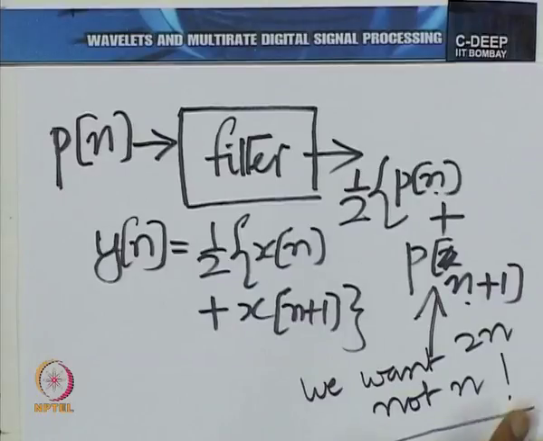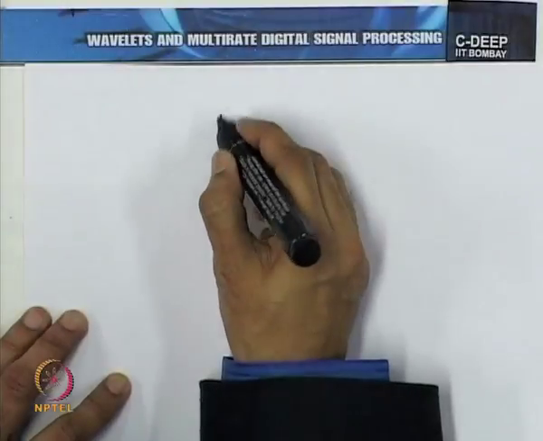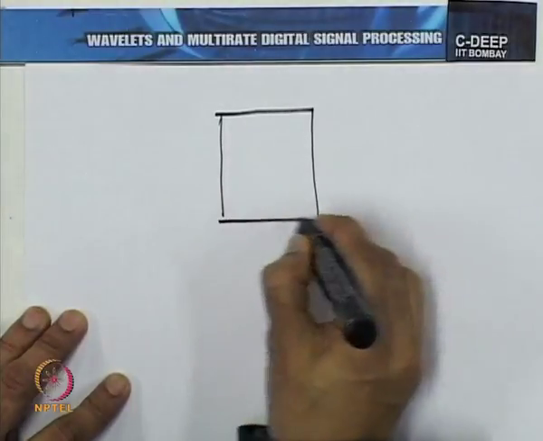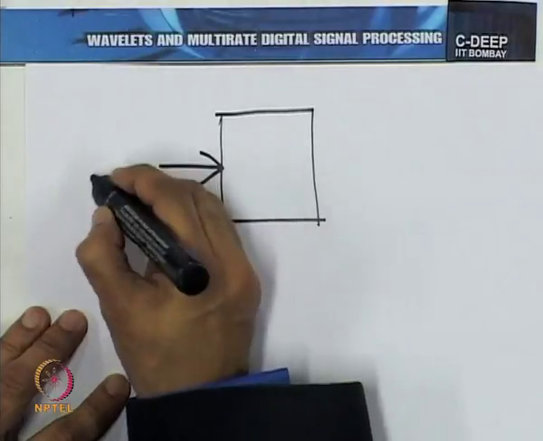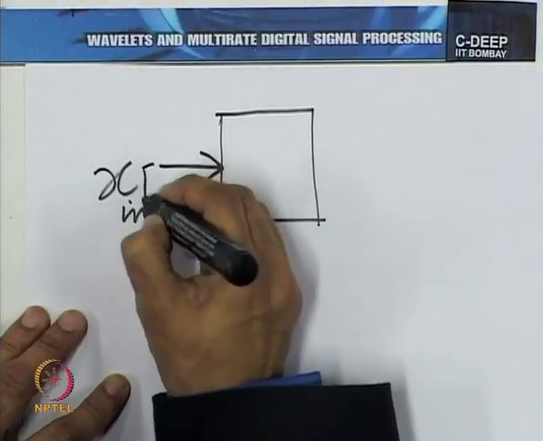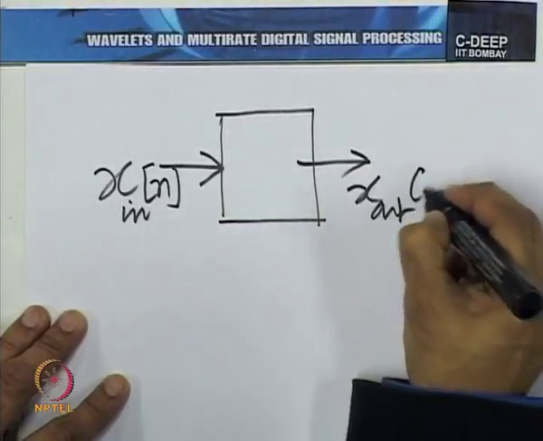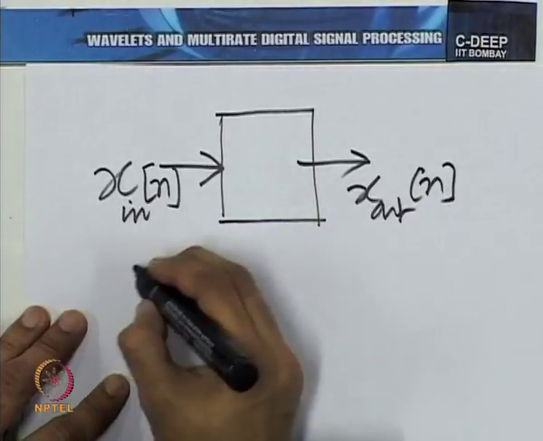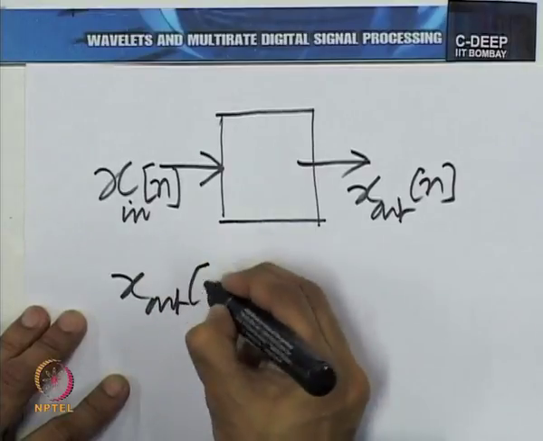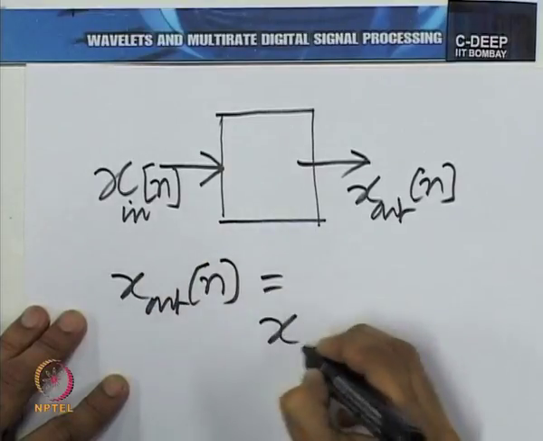So, what should we do? We should have another system now following this, where we put x in and put out x out, where x out of n is x in of 2n.